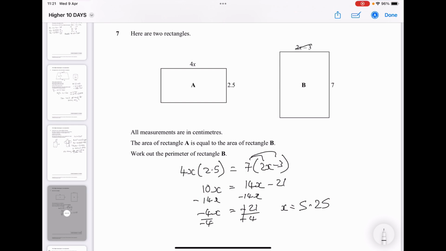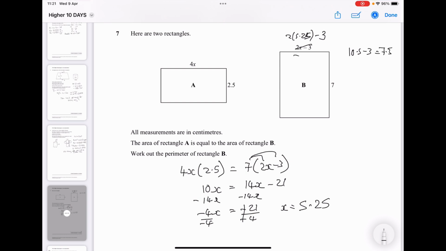So what I've got is 2 lots of 5.25 take 3. That is 10.5 take 3, which is 7.5.